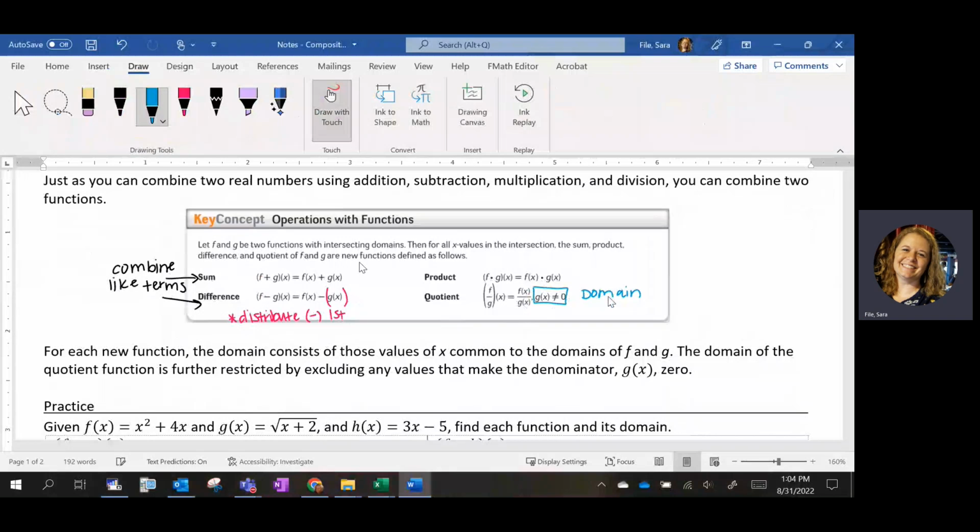When you get your combined function, your new function, your quotient, you will have a domain restriction, because that denominator cannot be 0.